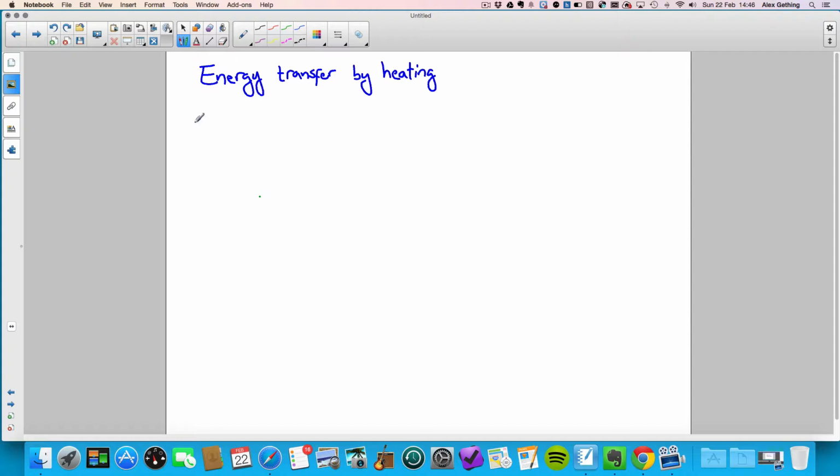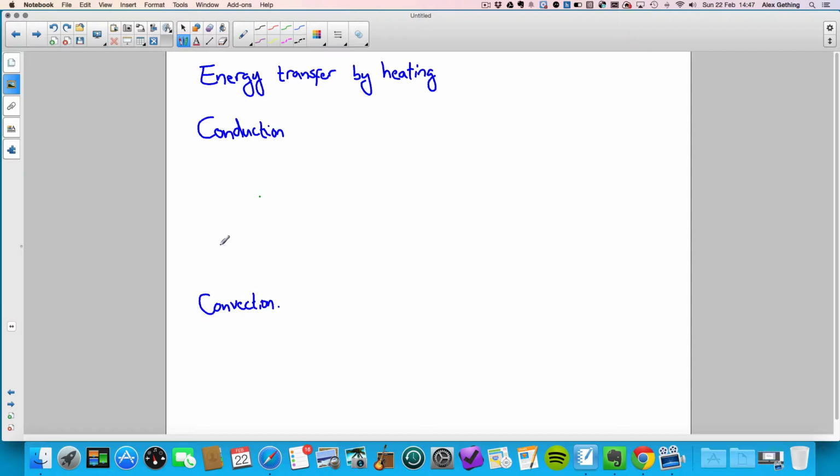So far we've talked about energy transfer by heating through infrared radiation and the impact of temperature, colour and texture as a factor in determining its rate. What we'll now look at is energy transfer by heating through conduction, and then we're going to be looking at convection.